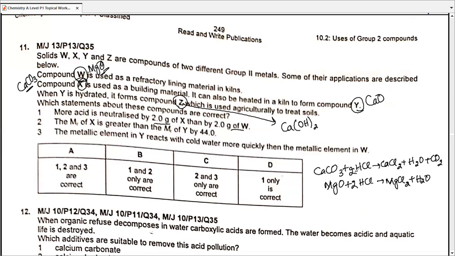Before I do it for you, of course. Reactivity? No. Be a little quantitative. Carbon dioxide gas. Be a little quantitative. Quantity, talk about quantity. They're talking about 2 grams and 2 grams.